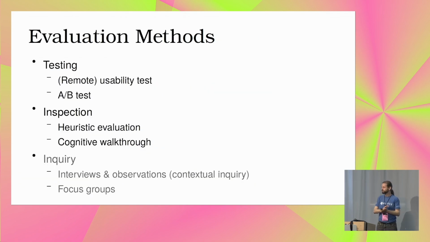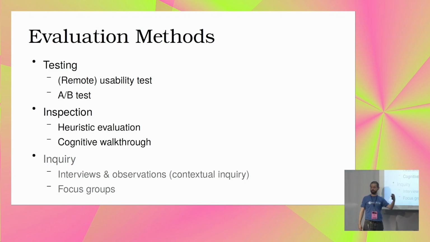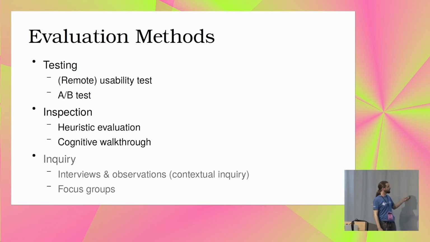So, what evaluation methods do we have? We basically have two big groups, testing and inspection. We can also use inquiry, like you normally do in the beginning, user research, that also helps you to get feedback. But testing, this is where we grab a user and let them test it.